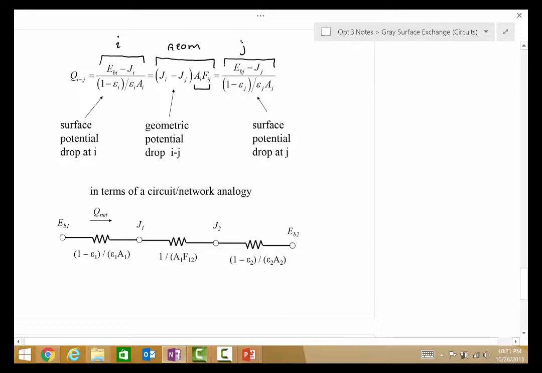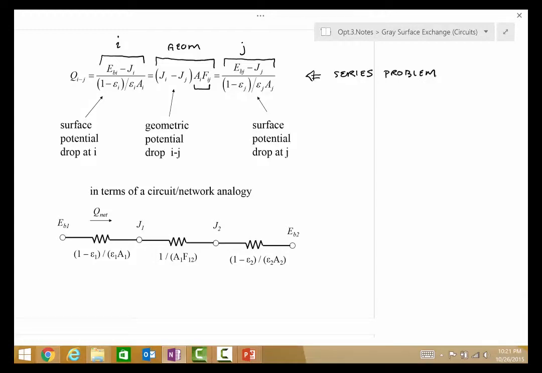We know very well that this is the standard representation for a series problem. And whenever we have this representation for a series problem, the simple thing we can do is add the resistances all the way through.